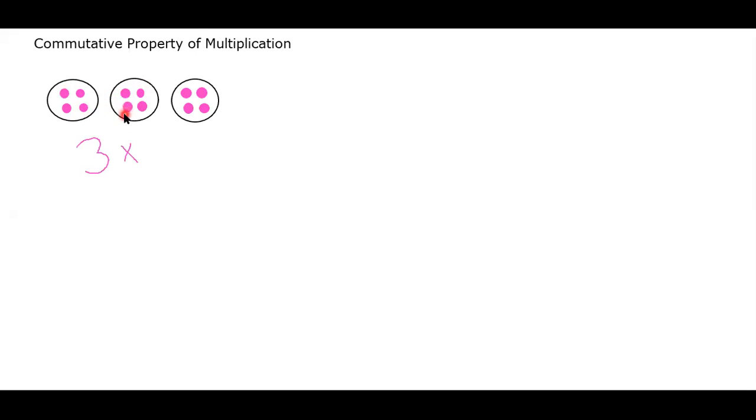There are 3 groups of 4. Let's see what 3 times 4 is. How many counters in all? 1, 2, 3, 4, 5, 6, 7, 8, 9, 10, 11, 12. So altogether, there are 12 counters.